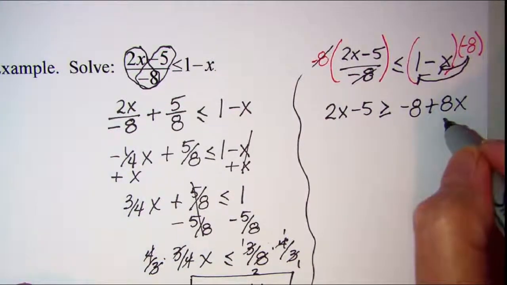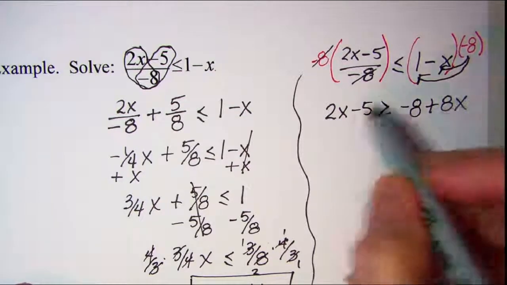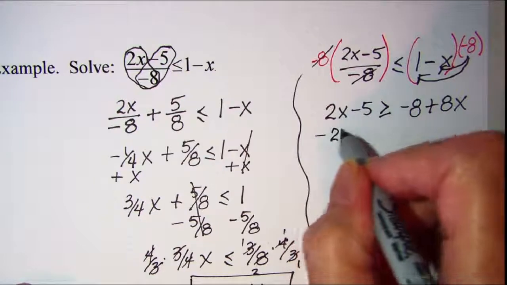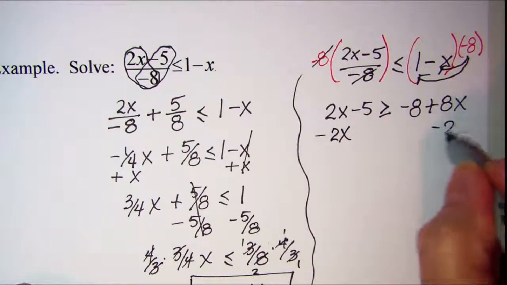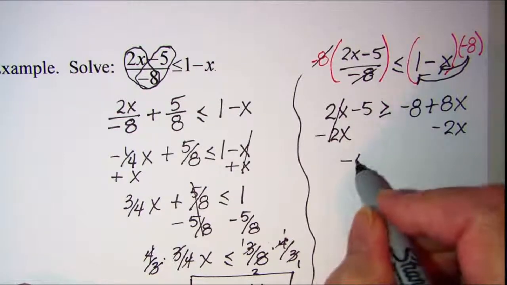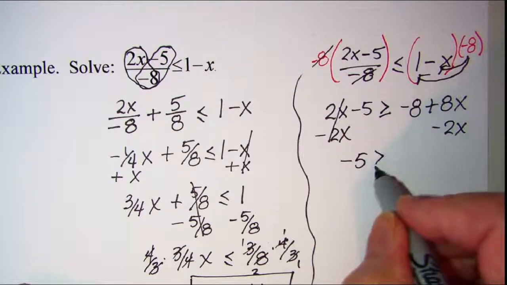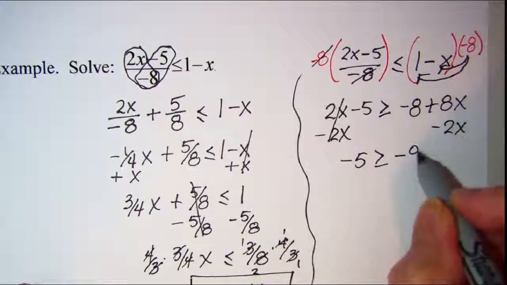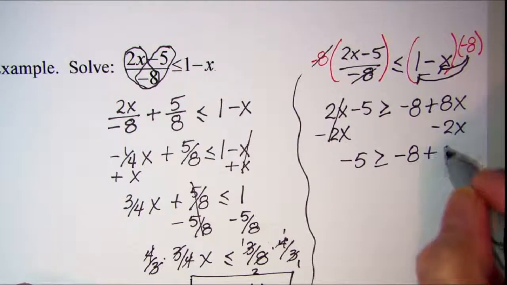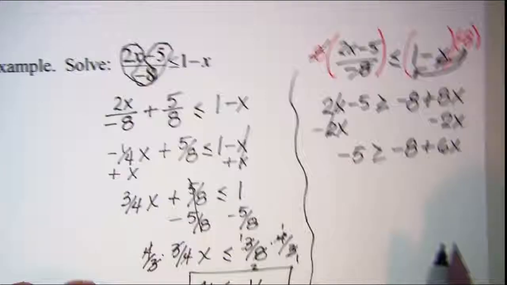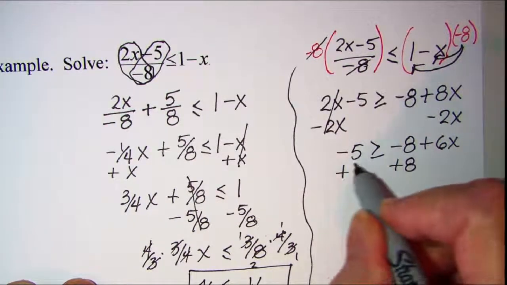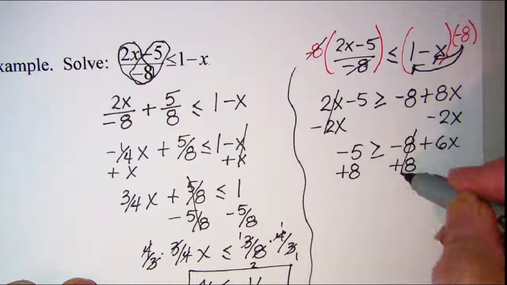Now let me move my x's to the right side. So let's subtract 2x from both sides. These will cancel, and I have negative 5 is greater than or equal to negative 8, and then 8x minus 2x is 6x. Let's add 8 to both sides. These will cancel.